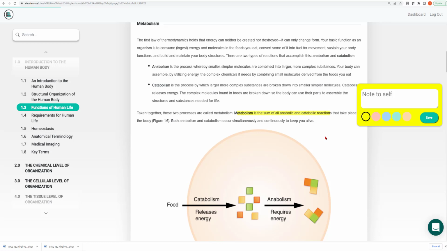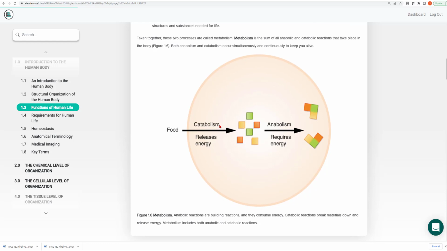So let's use this figure to make sense of this. This circle represents your body, but this circle could also just simply represent any of the cells in your body. So we take in food of some sort. We take food into our body. Every cell also will take food into it. Those molecules that it takes in, it is going to undergo catabolism. It's going to break down those molecules into smaller pieces.